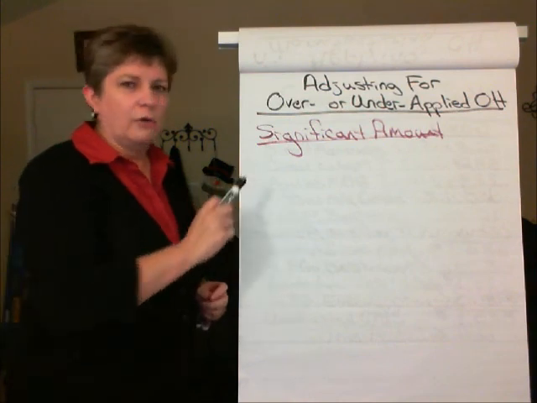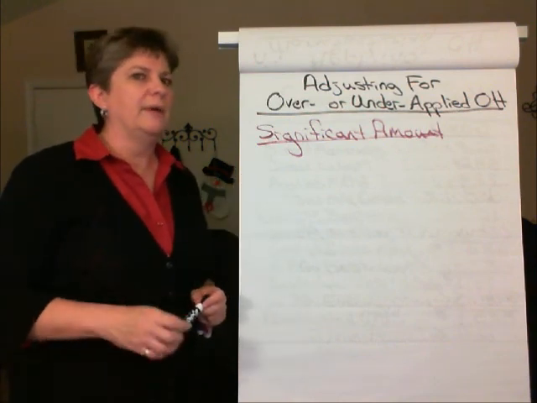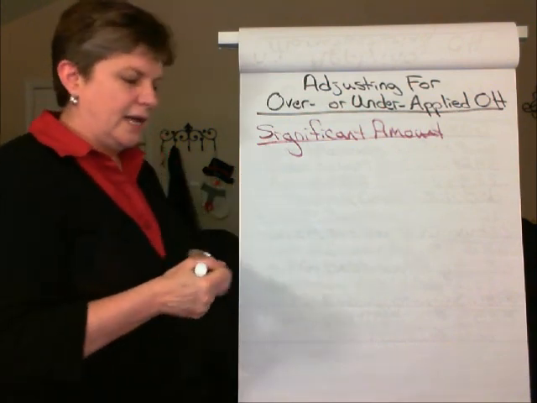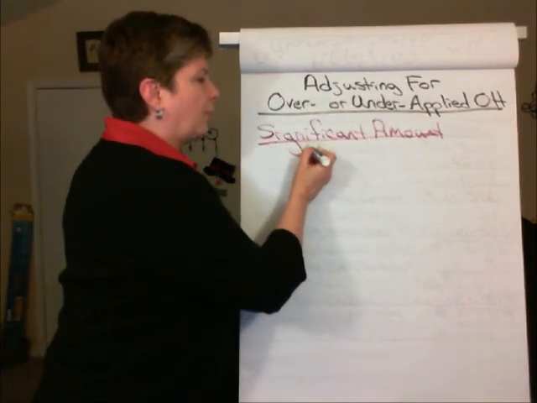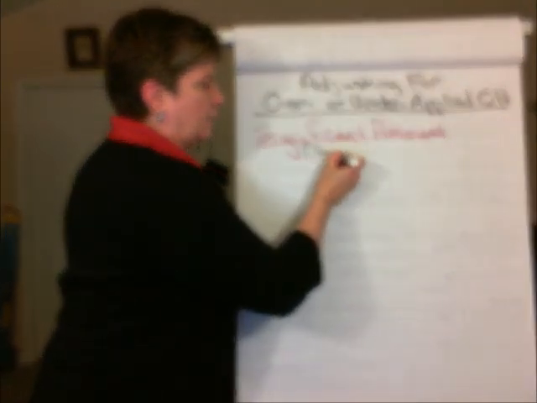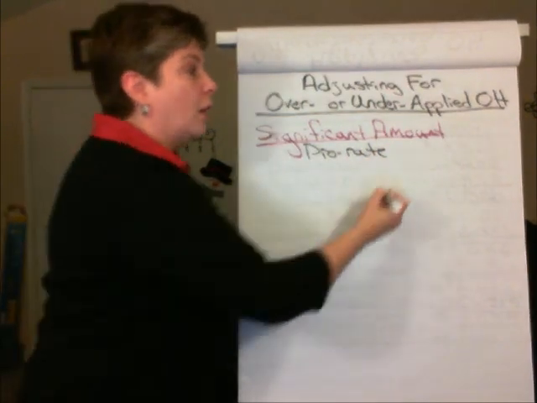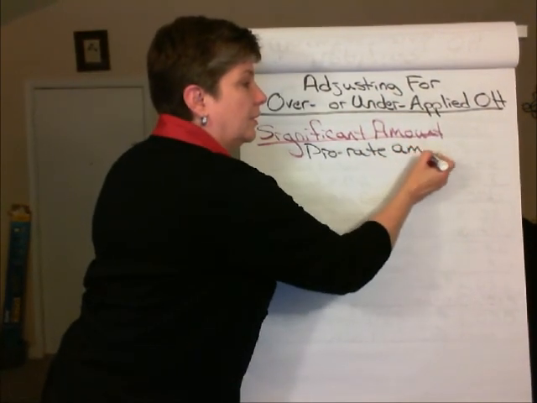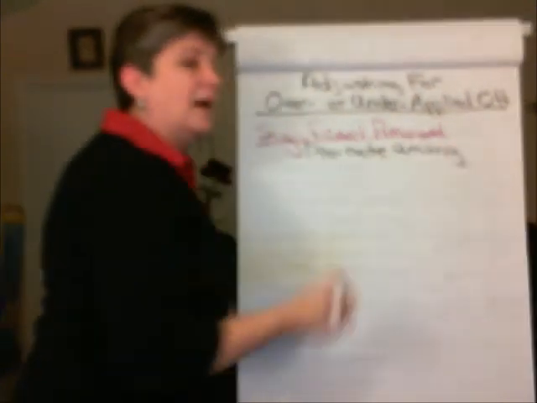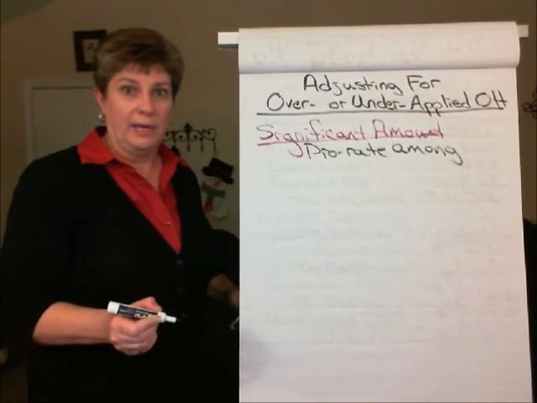So if the dollar amount is large enough to make a difference in decision making, then what we have to do is prorate that amount among all of the accounts affected by that over or under applied overhead.